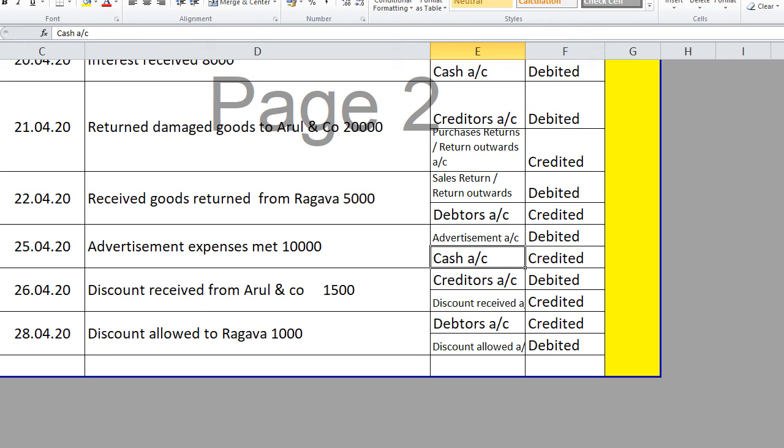28 4 20, discount allowed to Raghava, 1,000. Okay. So discount allowed is a loss for us. So it is to be debited and the debtor account is to be credited.